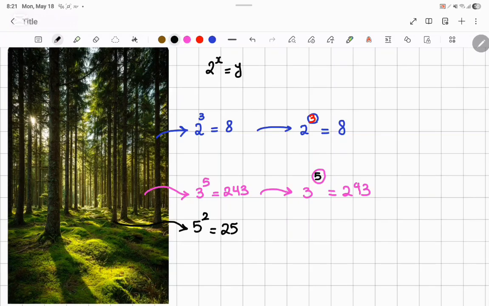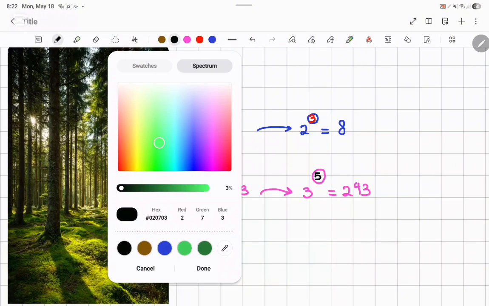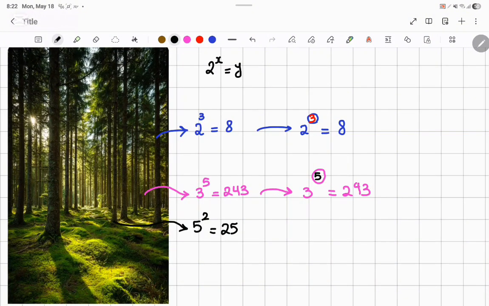After 5 years, the tree is going to be 243 times bigger. So the question is different here. Am I right? So I'm going to talk about the last one and then I'm going to try to relate these. There's another tree that gets 5 times bigger every year.